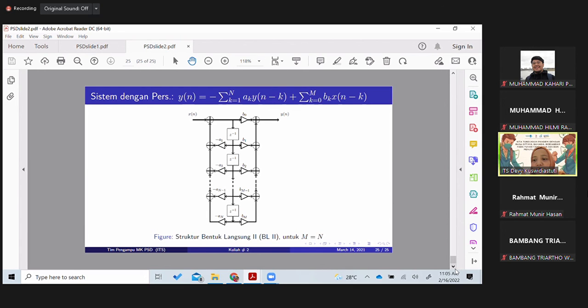This is the general form for direct form 2.